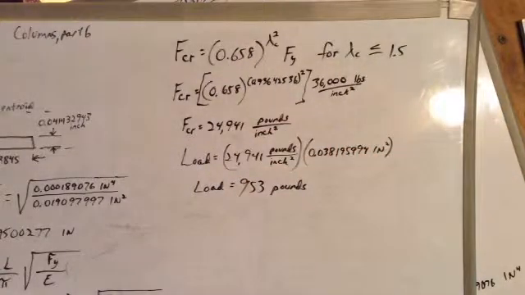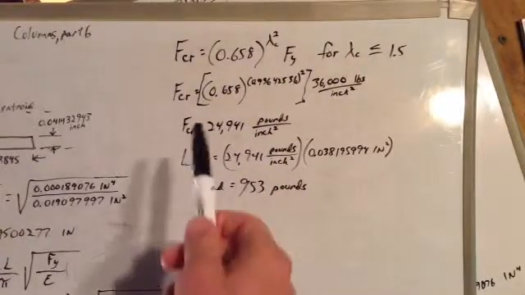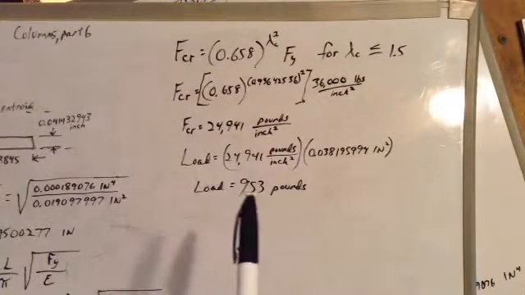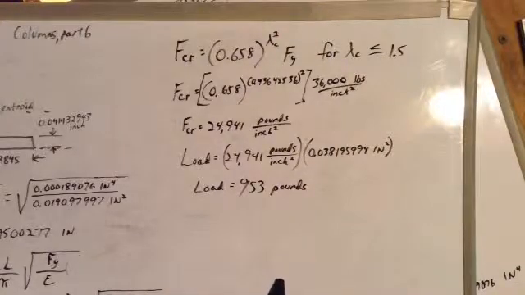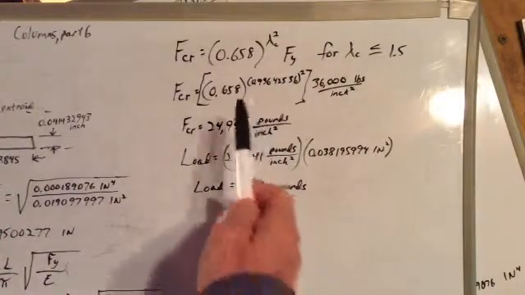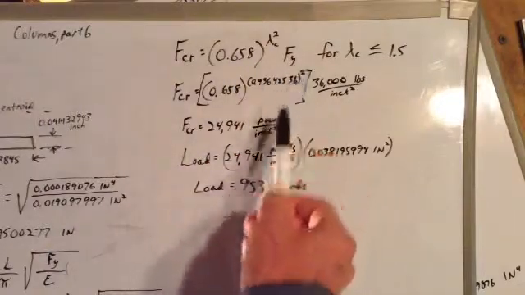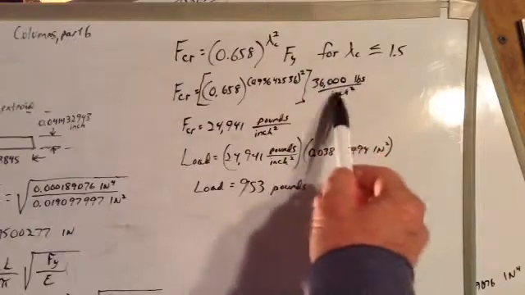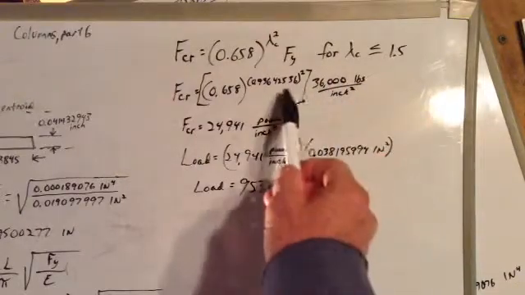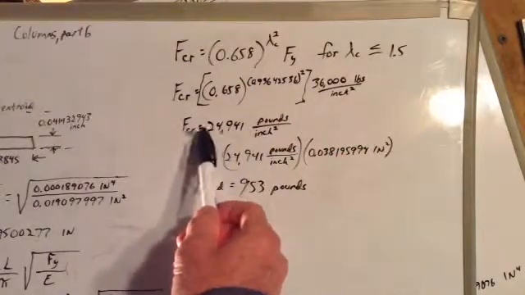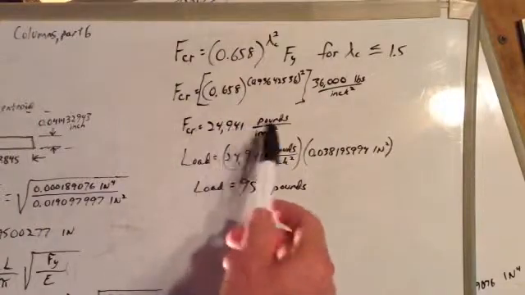Remember, he had two of them, and when lambda c was 1.5, both equations gave you the same thing, because 0.658 to the 1.5 squared power, which is the 2.25 power, was equal to, what was it, 0.877 over 2.25, something like that. That was in a previous lesson. But anyway, our critical stress is this to the that power squared times our yield stress, 36,000 psi. So we plug and chug with those numbers and we get nearly 25,000 psi for our critical stress. That's what it should buckle at.